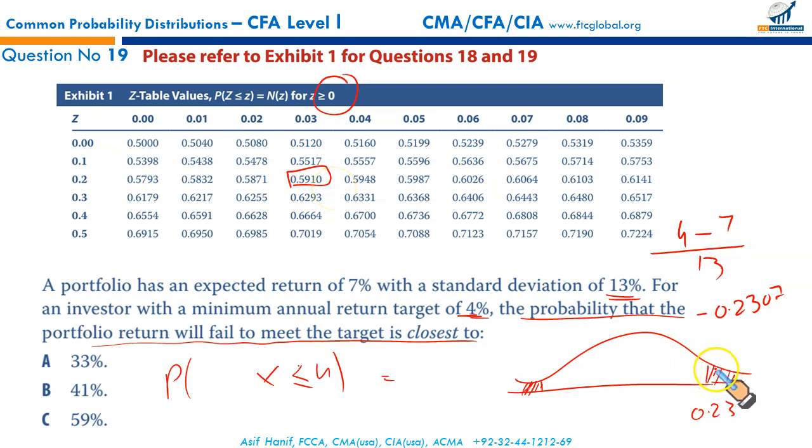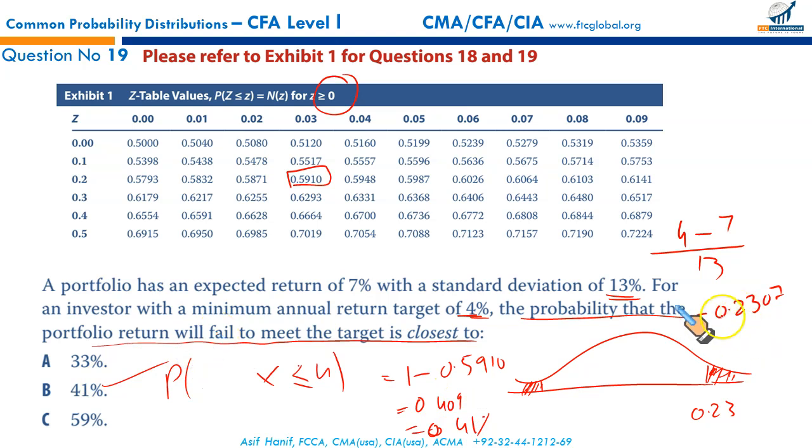Since we need only this part, you're going to deduct it from 1. Once you do 1 minus 0.591, it's going to be 0.409, or simply 41%, which is given as B.